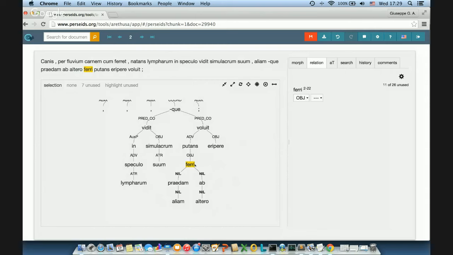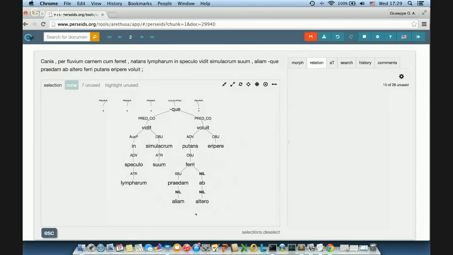But since, again, I cannot take all the words together and apply the label OBJ to them all together, because this is not allowed by the formalism, I choose the verb as the word to which I can assign this label. The other ones are pretty predictable, I think.